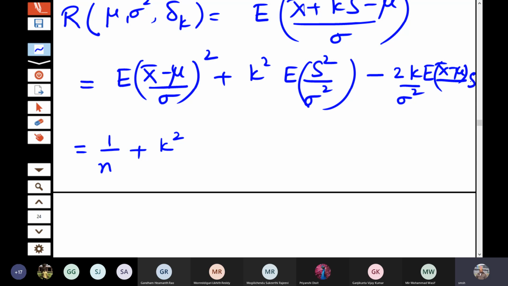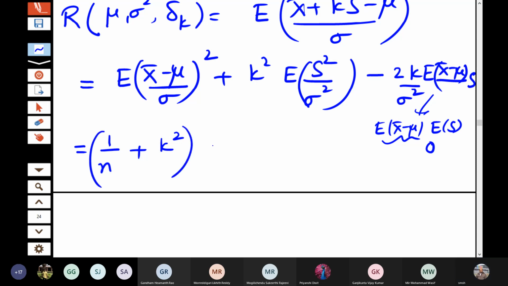And here x bar and s are independent, so you can write it as a product of expectation of x bar minus mu into expectation of s. So this is 0, so this goes away. So you are left with only this part. So minimization occurs at k equal to 0.